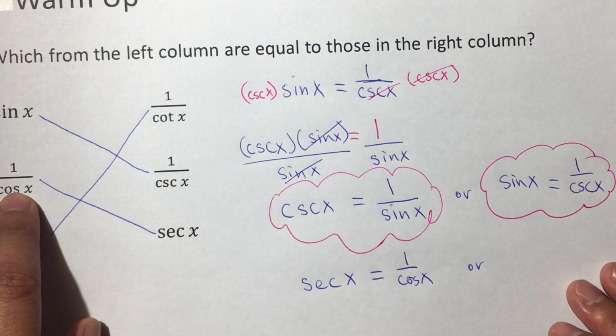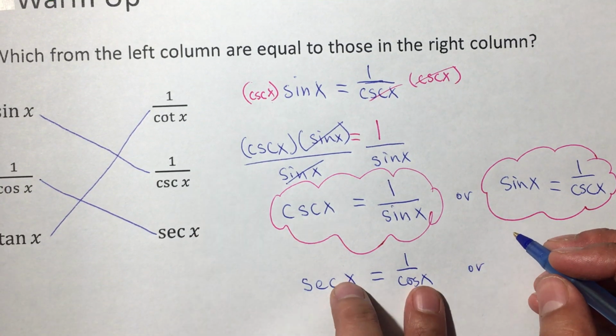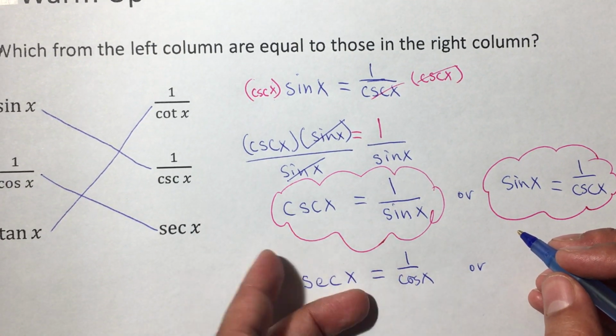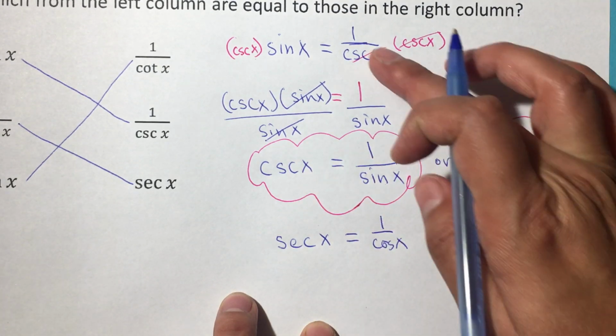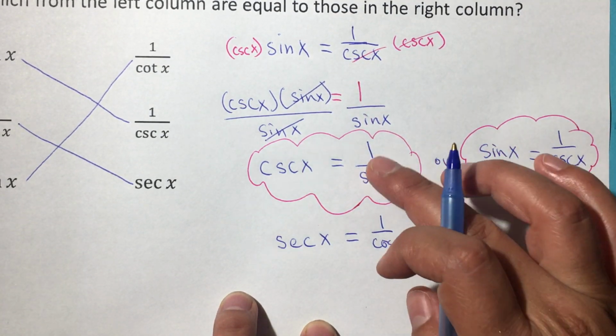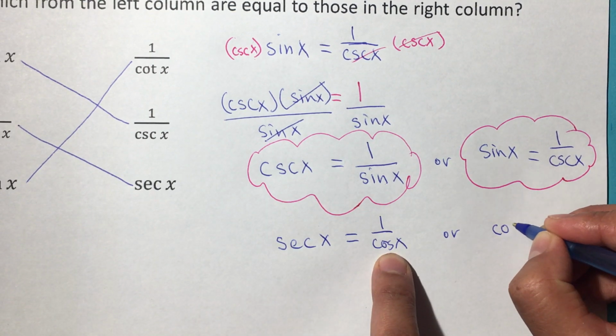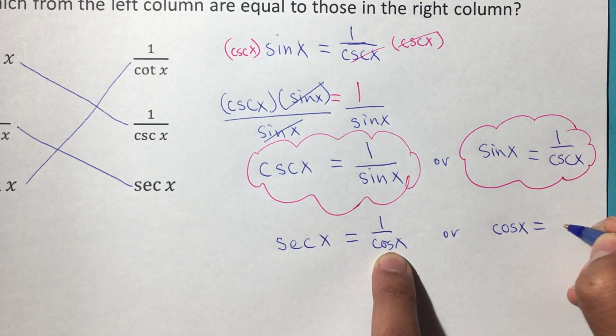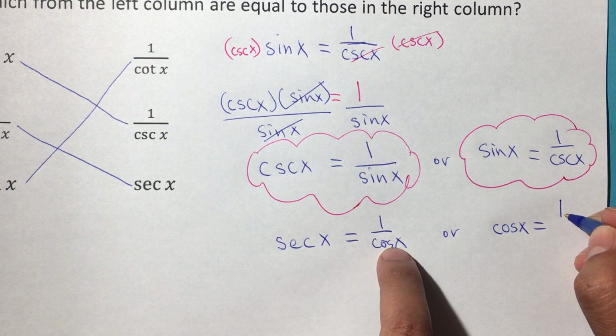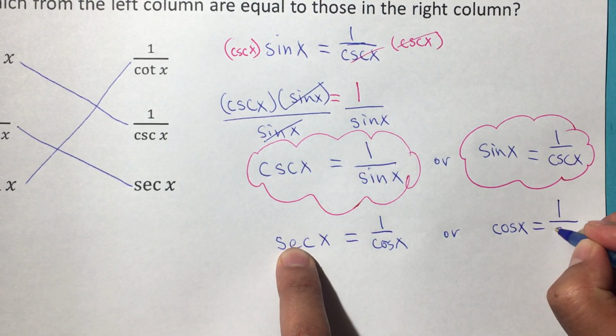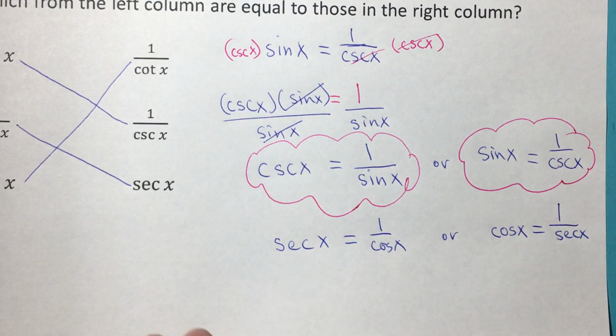Or I could also say that cosine, remember that you can just switch them without showing the work. So I can just say cosine of x is equal to 1 divided by secant of x.